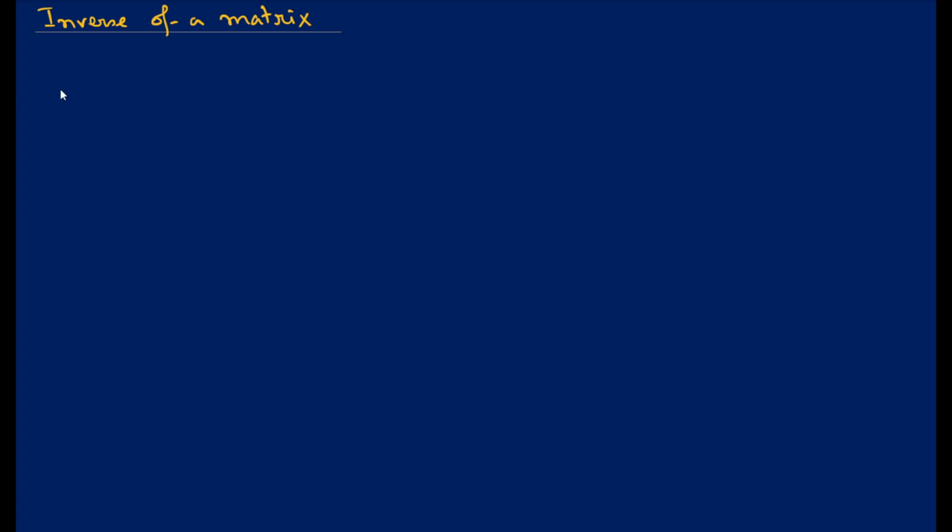Okay, तो inverse कैसे निकालते हैं? Suppose capital A is a matrix. Okay, obviously it is a square matrix. Then we will take another matrix B. B is the inverse of the matrix A if, what is the condition?